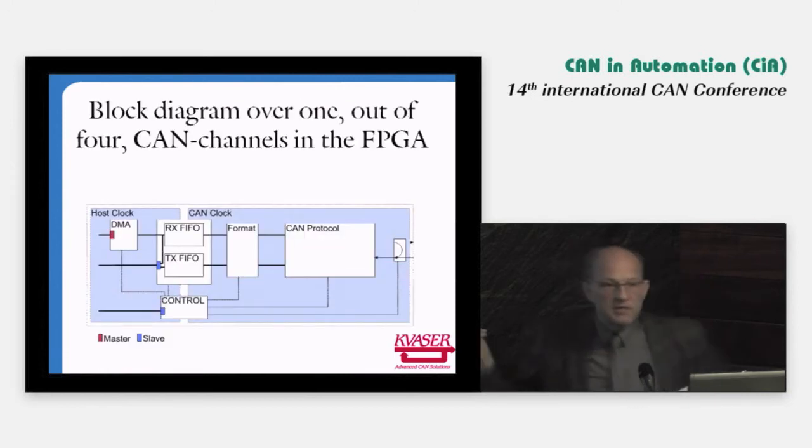Our implementation is very similar to Unicore's solution. We make interfaces, and that means that all information we get from the CAN bus has to go up to the application. When you make an ECU, normally you're only interested in a few percent or maybe 10% of the communication, but in a PC-based analyzing tool or diagnostic tool, you need 100% of the information.